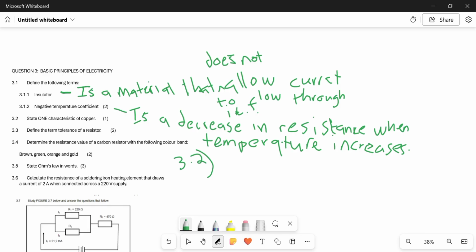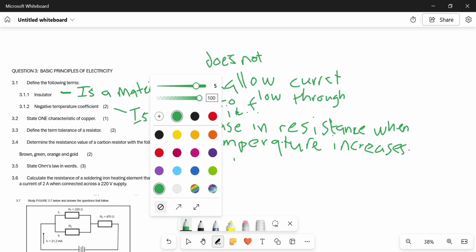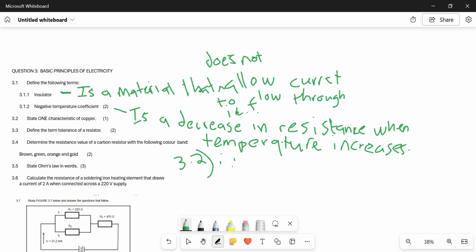Copper is a good conductor of electricity.